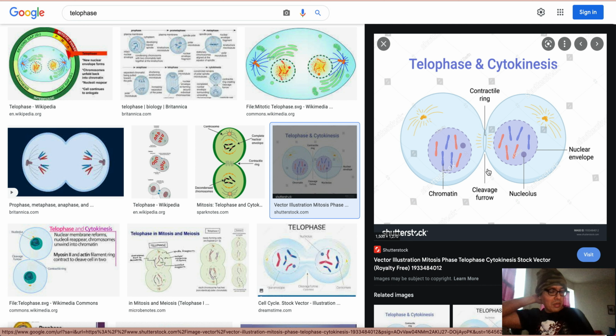The nuclear envelope, again, is more distinctly prominent, and then the pinching occurs. Many proteins and enzymes are involved in this entire ancient contractile process, and then the cell becomes two different cells.